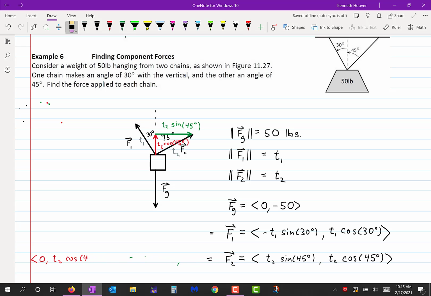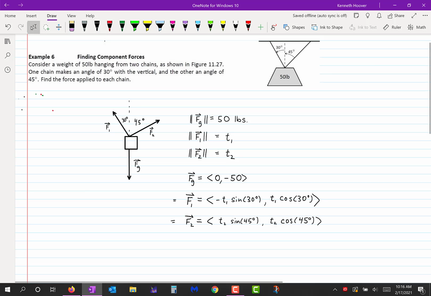Let's go ahead now and erase these colored things. We don't need those anymore. Now, here's the key.